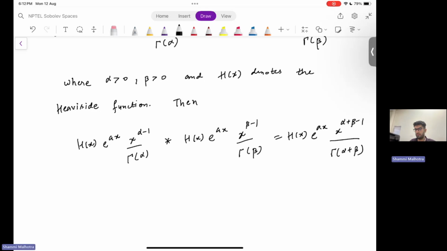So ultimately we have a function defined in terms of alpha, and when I convolve it with the one in beta, the result is in terms of alpha plus beta.